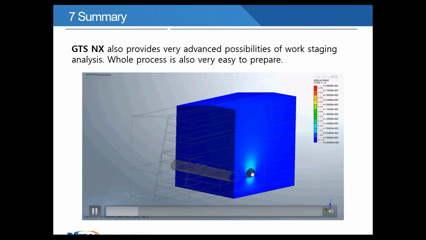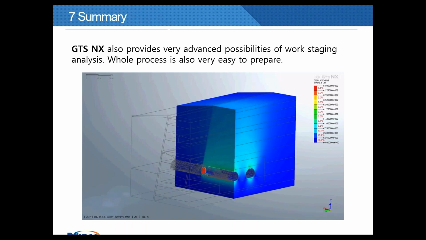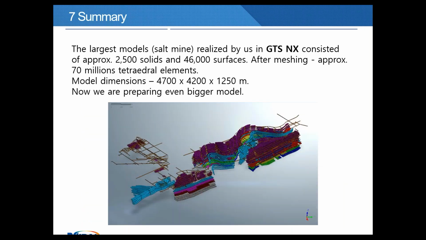Okay, so we have very staged, about 100 stages that were made here, and the largest models realized by us in this program, GTS-NX, consisted of approximately 2,500 solids, about 46,000 surfaces.